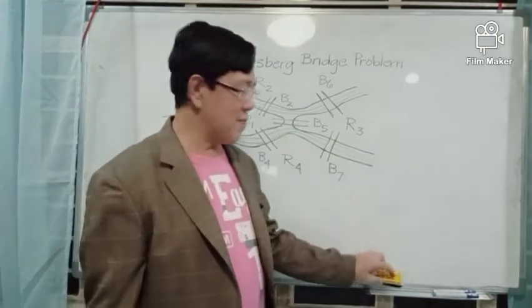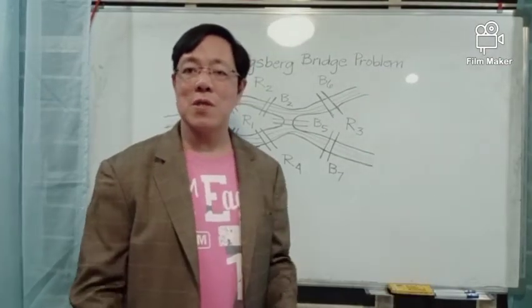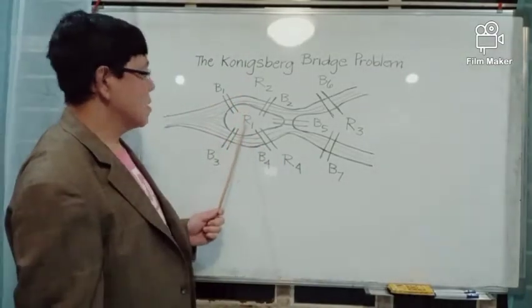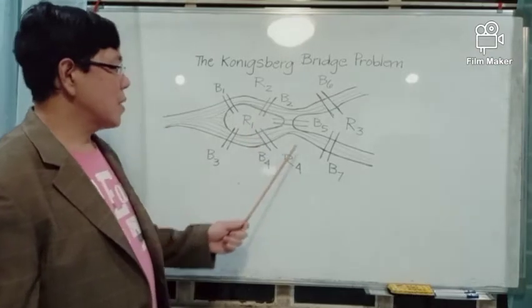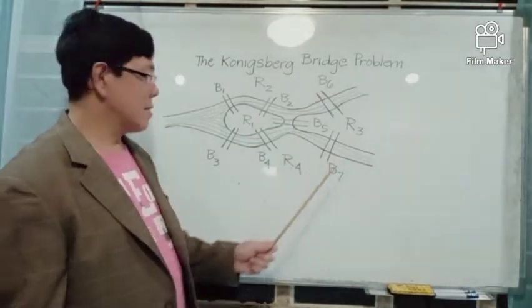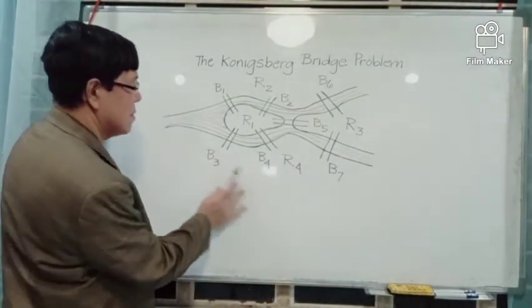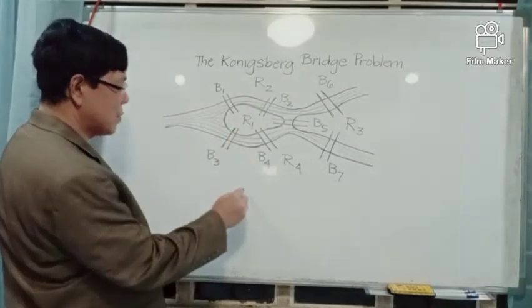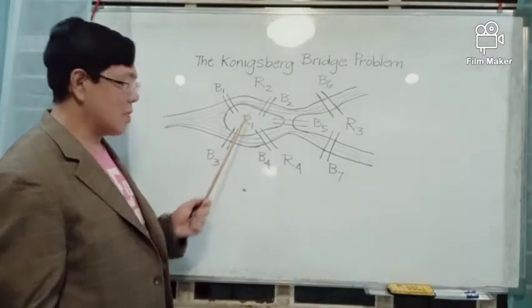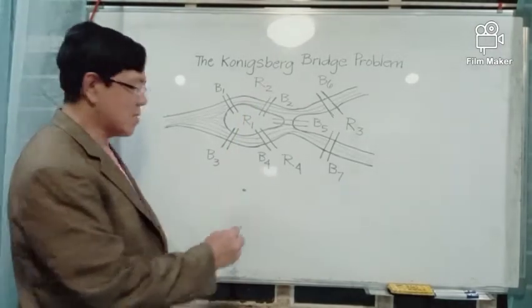We will denote these vertices by the notations we use to denote the 4 regions or the 4 land areas: R1, R2, R3, and R4. So this will be R2. The second region, R2, will be denoted by a vertex, and we will call this vertex R sub 2.